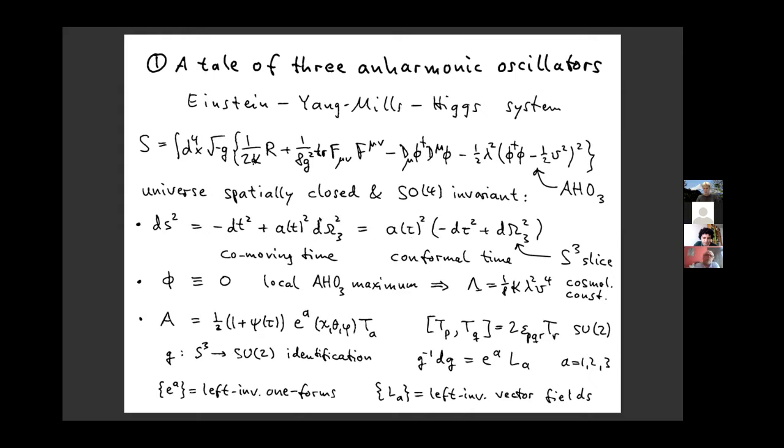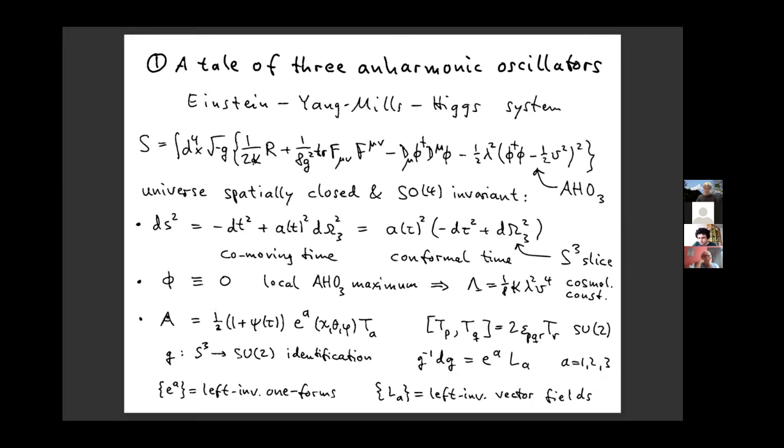Because of the symmetry, the closed universe, there is an S3 spatial slice, so that's the metric of the 3-sphere. The only SO4 invariant Higgs field is 0. So in this setting, we're sitting at the local maximum of the Higgs potential, which will then provide a cosmological constant.